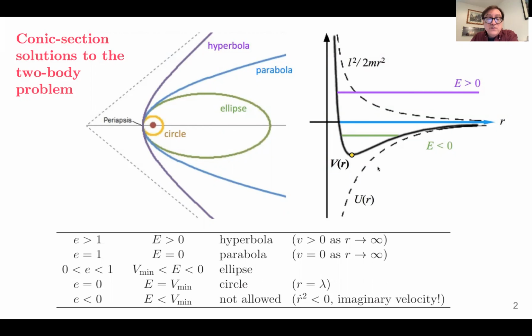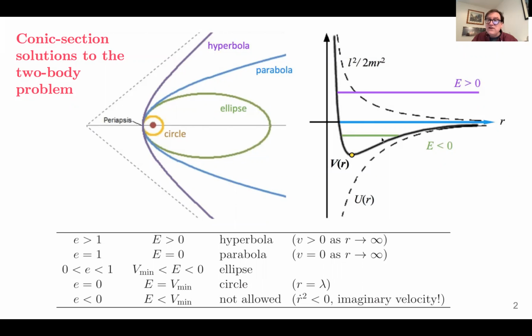The minimum value of the total energy has to be equal to V min, and when the actual particle energy is equal to the value of V min, that corresponds to circular orbits. You can see that by virtue of the fact that when you're sitting here at the minimum of V of r, and you vary through your orbit at different positions, there's really only one value of r that you could be sitting at.